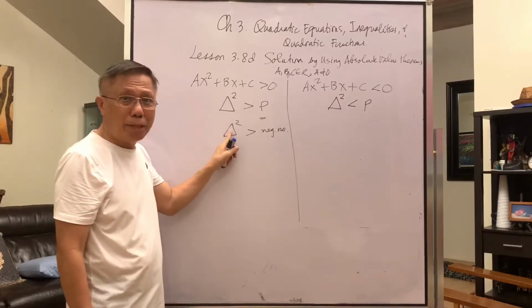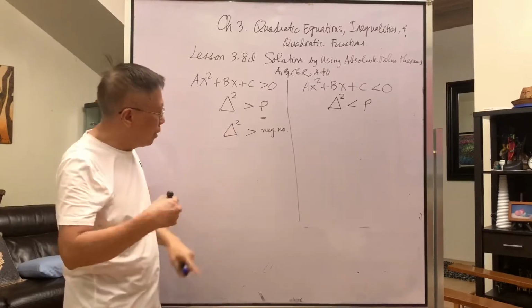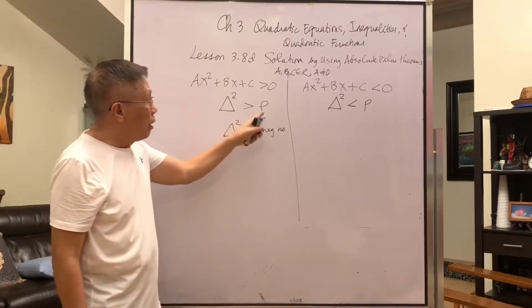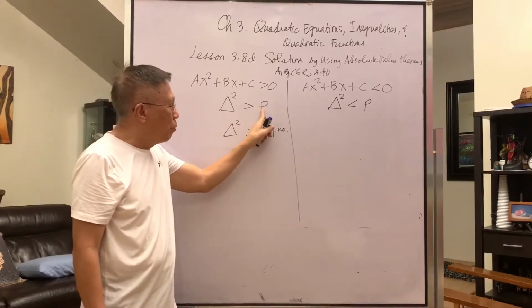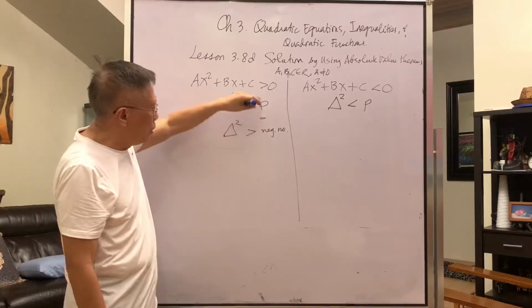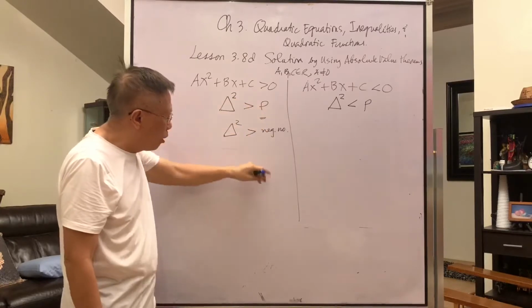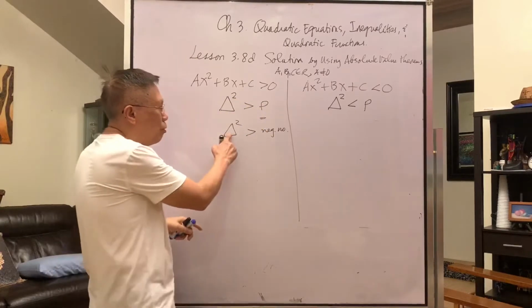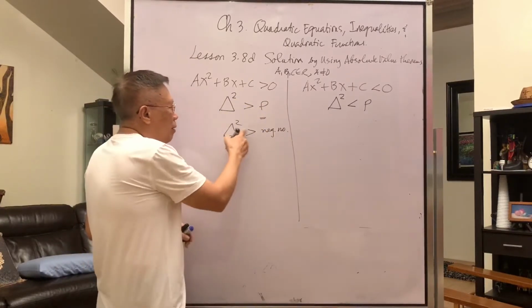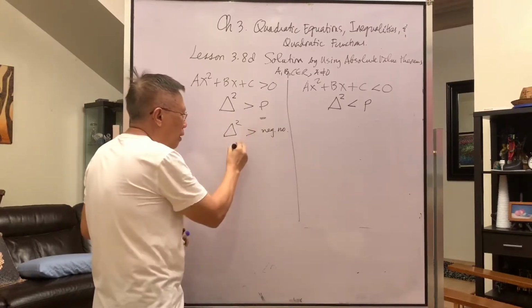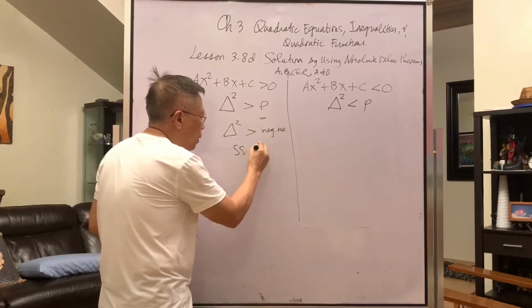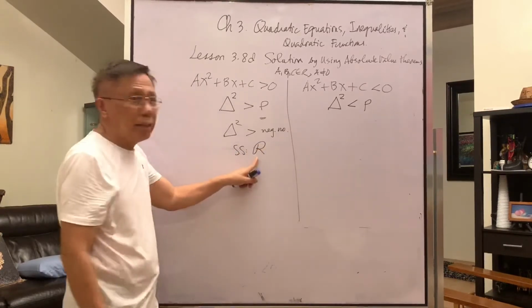What I'm trying to say is, if you have reached this point and you get a p which is negative, you don't need to go ahead and solve the inequality, because triangle squared is greater than a negative number, meaning our solution set should be all reals.